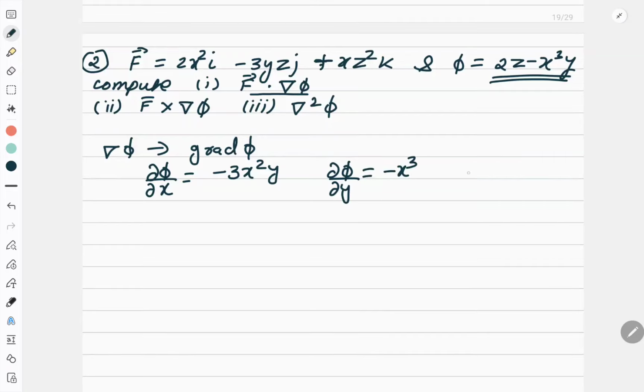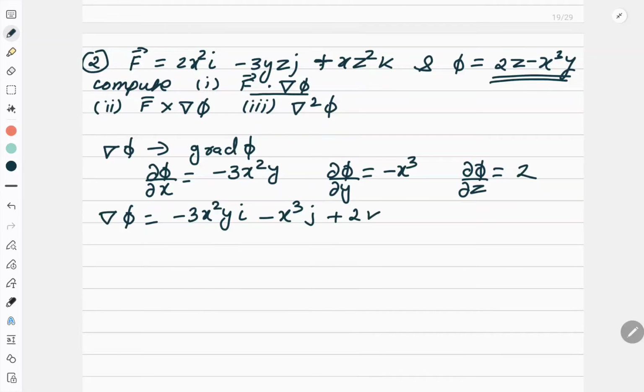Minus x cube. What is dou phi by dou z? 2. So grad phi is equal to minus 3x square y i minus x cube j plus 2k. So I have got one vector. Correct? I have got one vector.